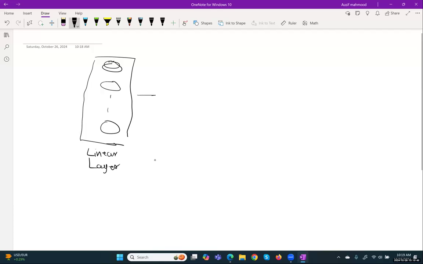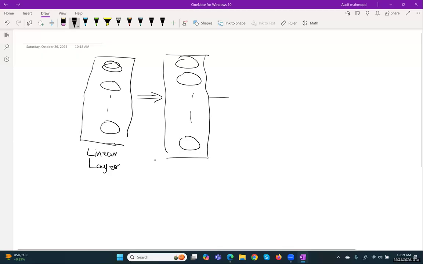And the idea was we can connect as many linear layers as we feel like. Here's one more linear layer, one more linear layer, until we get to the very last layer.